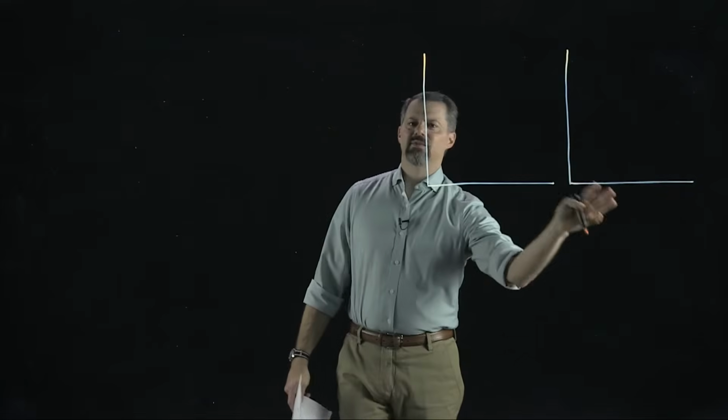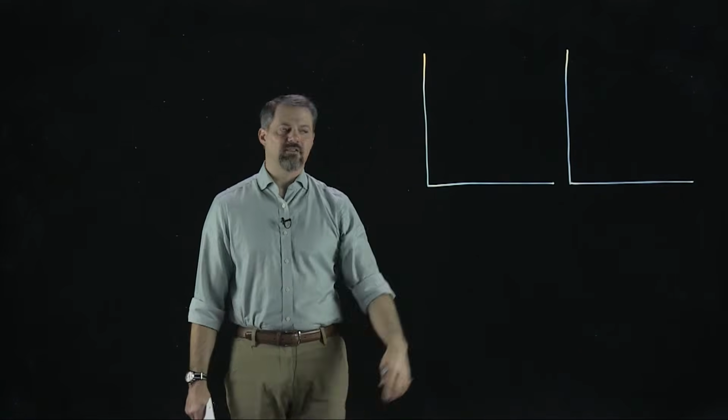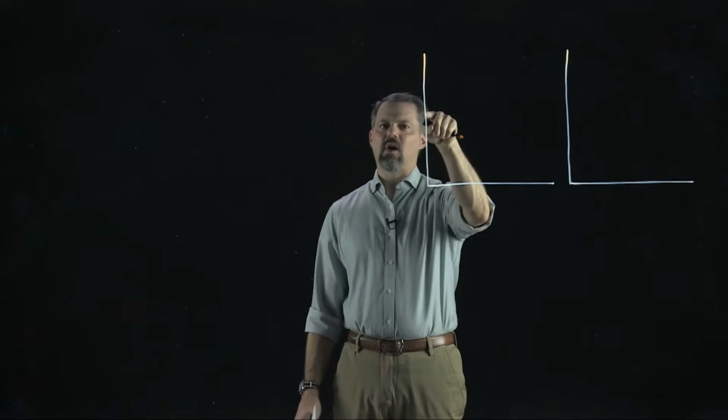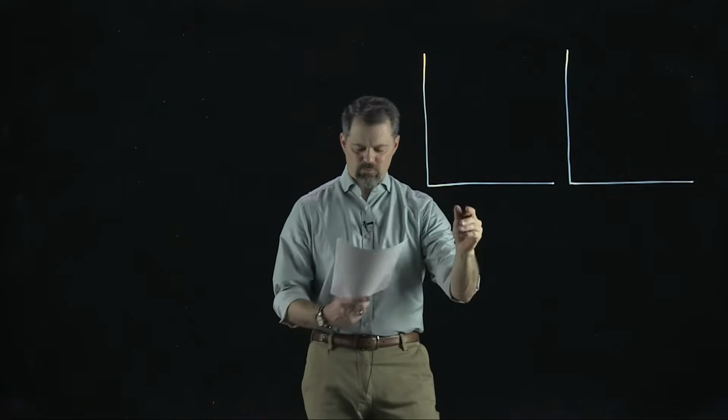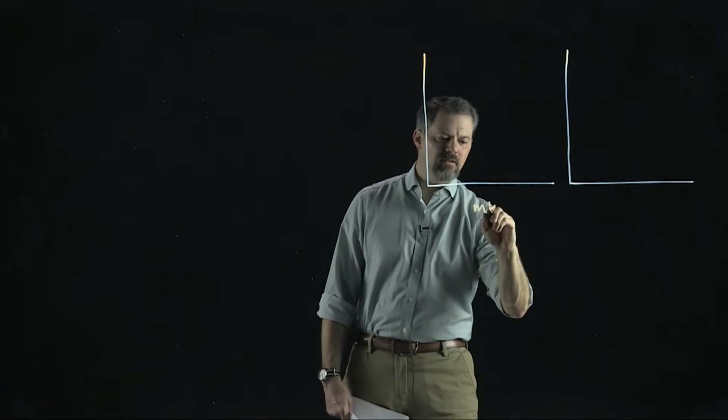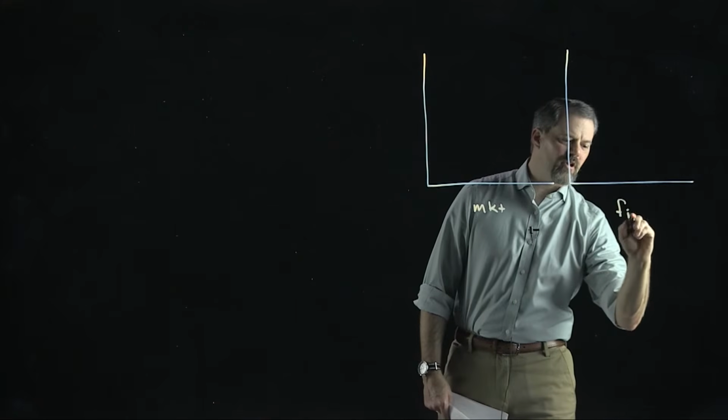Let's put our market over here, and then let's put a picture of our firm over here, because remember, the firm responds to what happens in the market. The firm is part of the market, but the firm is reacting to the price that is created in the market. The firm is a price taker. So we'll call this our market, and this is going to be one of the firms in the market.